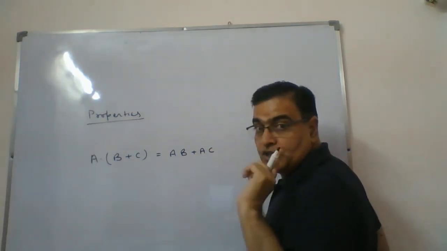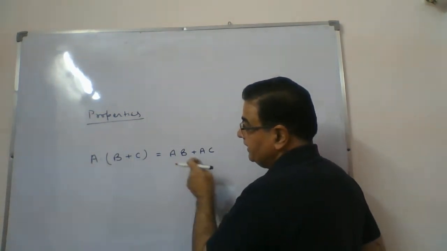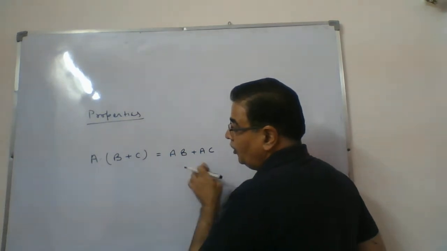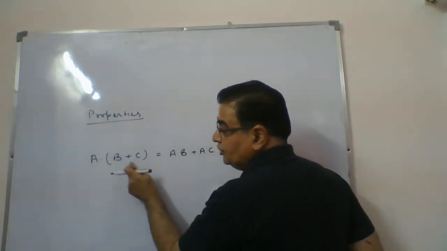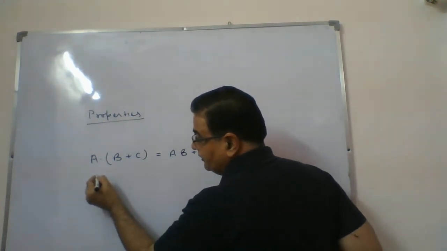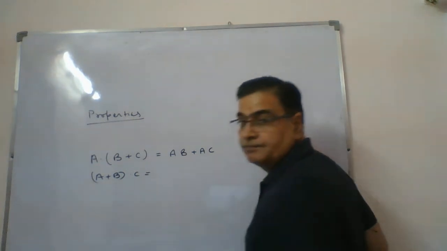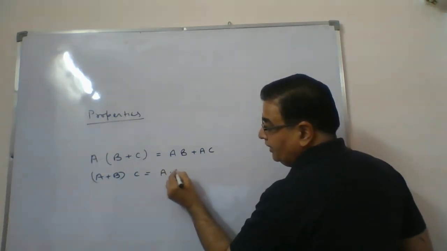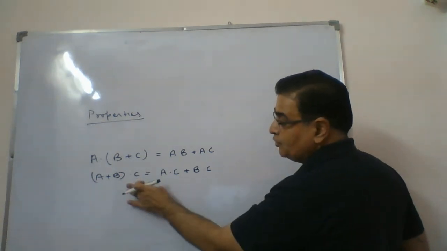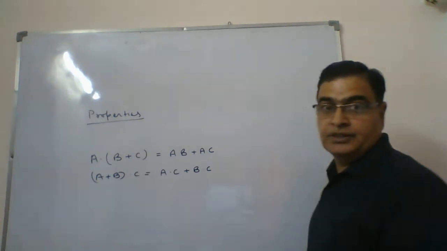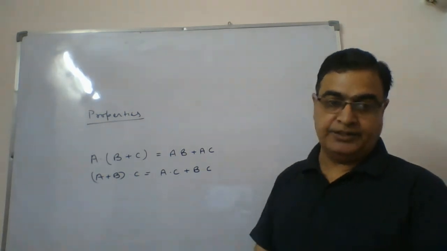The position of A should not change. So AB plus AC will be here. This is called the distribution of multiplication over addition. Similarly, if it is written the other way, B plus C times A, then it should come out to be B into A plus C into A. This is also distribution, so the distributive property is valid.